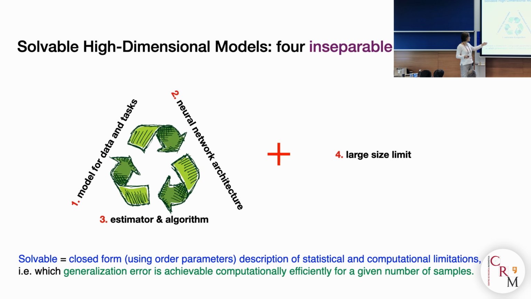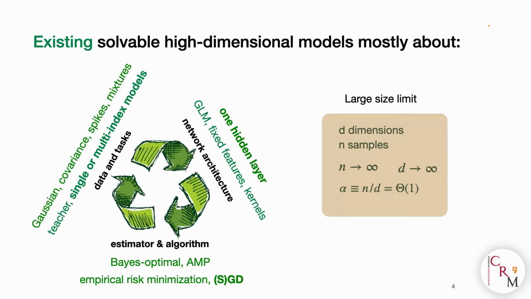So something like, what is the generalization error that is achievable computationally efficiently for a given number of samples? I want an explicit expression for that under some simplifying assumptions that are specified in these 4 ingredients. So that's the roadmap. And in the roadmap, there has been a lot of work in the past. Existing solvable high-dimensional models were mostly about, and I can split it among the 4 ingredients.